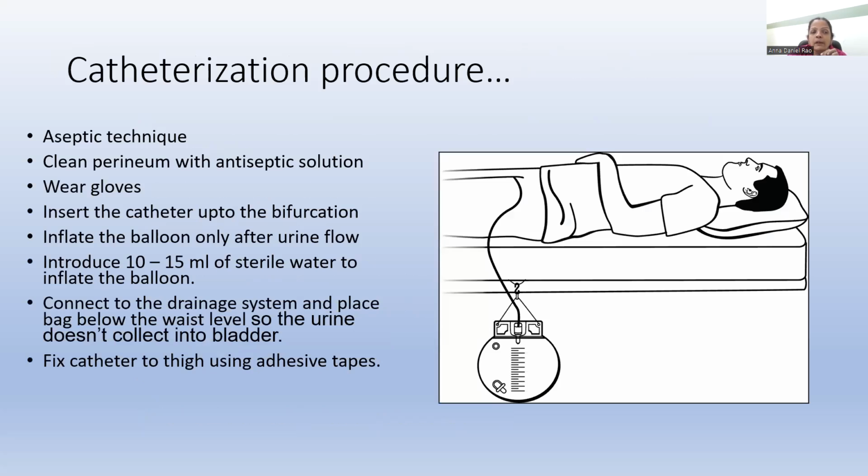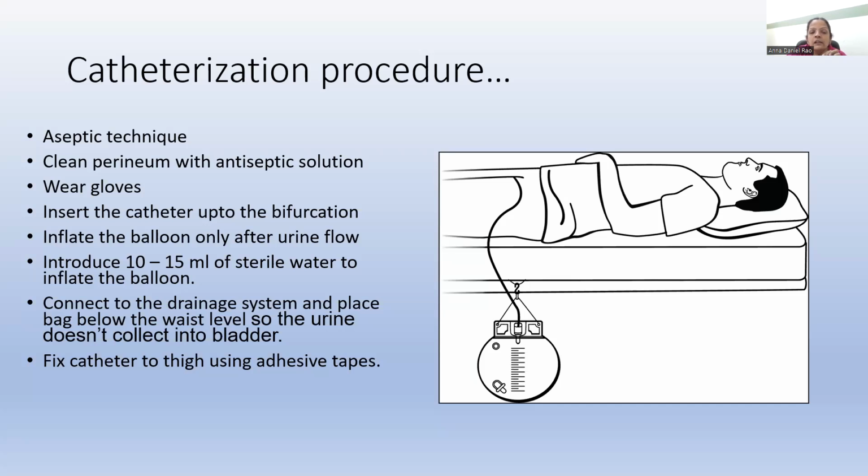Always remember to keep the urine collecting bag below the level of the bladder, so that with the help of gravitational force, the urine will be collected easily. When we are introducing the catheter, we have to introduce it up to the bifurcation, keeping in mind all the aseptic technique points.